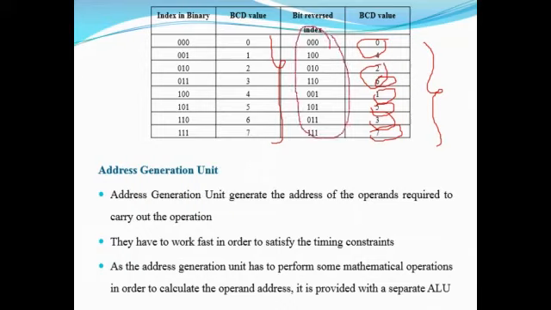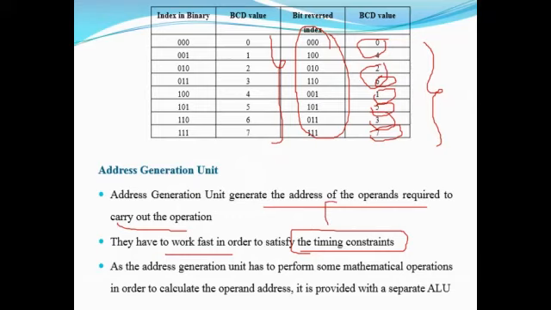Then comes the address generation unit. It is normally used to generate the address of the operand which is required for carrying out any operation. It has to be very fast in order to satisfy the timing constraint, because whenever we go with DSP implementation, the number of samples is huge, and to compute with this number of samples we require a timing constraint, so it should be very fast.